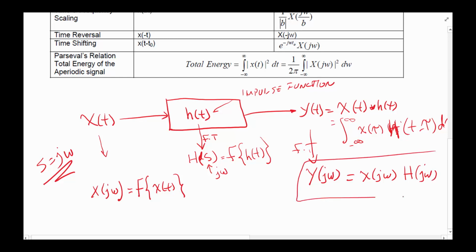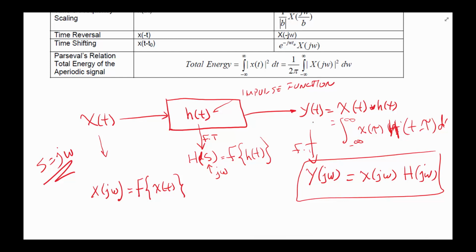That's pretty cool. If I have h of j omega and x of j omega, I just multiply them and then I know what my output is. Many times it's easier, especially with computers but even manually, to take x of t, h of t, y of t to the frequency domain, find their Fourier transforms, manipulate them, find y, and convert it back to the time domain.